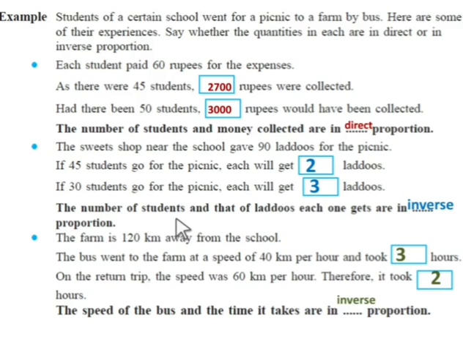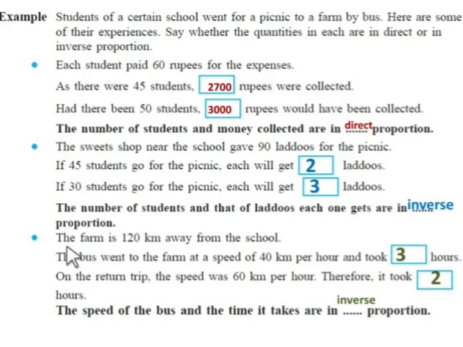Now here the number of students and that of the laddus each one gets are in inverse proportion. Why? As the number of students decreases, the number of laddus each one will get increases. Hence, the number of students and the number of laddus each one will get are in inverse proportion.